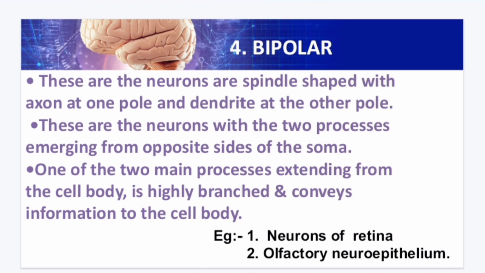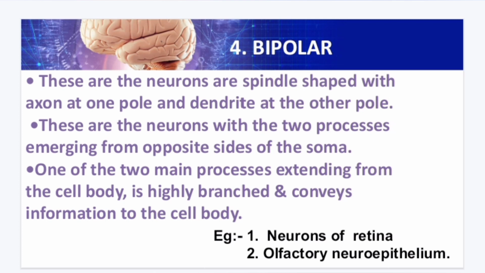Coming to bipolar neurons, these are the neurons that are spindle shaped with an axon at one pole and a dendrite at the other pole, and these are the neurons with two processes emerging from the opposite sides of the soma. One of the two main processes extending from the cell body is highly branched and conveys information to the cell body. So the typical bipolar neuron will be spindle shaped, having an axon at one pole and the opposite pole having the dendrites.